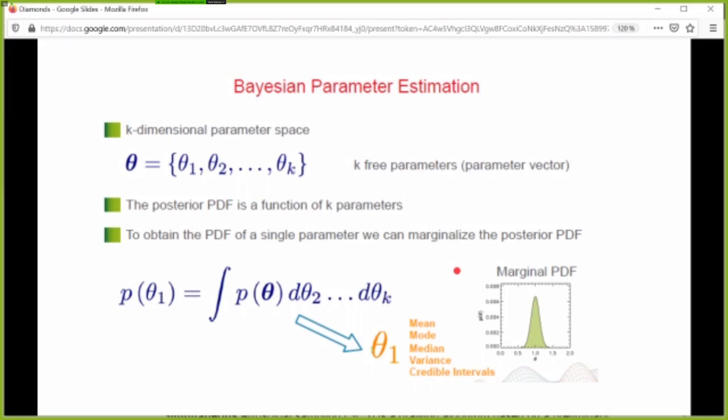Marginalizing can equivalently be thought of as averaging over all the available information to incorporate it into the final estimate. This allows taking into account the general properties of the distribution, for example, the asymmetry, the outliers, or the degeneracies. Okay, so that's it for the main concepts of Bayesian statistics.